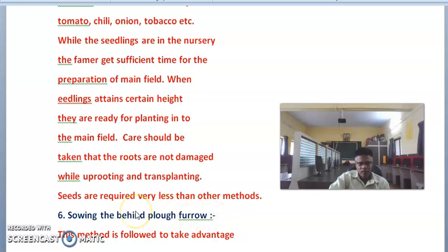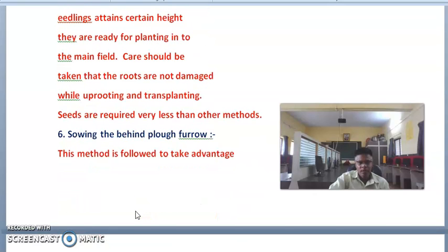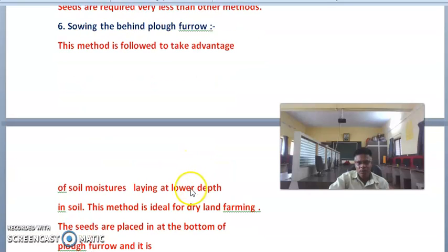So the next and last method is the sowing of seeds behind the plough furrow. This method is followed to take advantage of soil moisture lying at lower depth in the soil. This method is ideal for dry land farming when the upper surface of the soil is also dry.